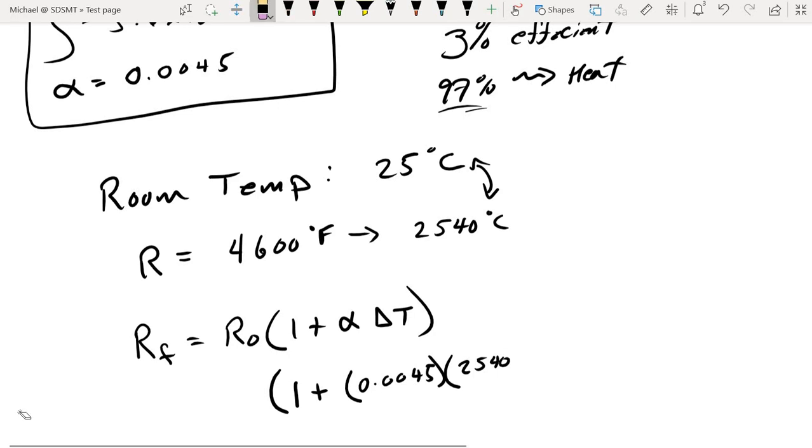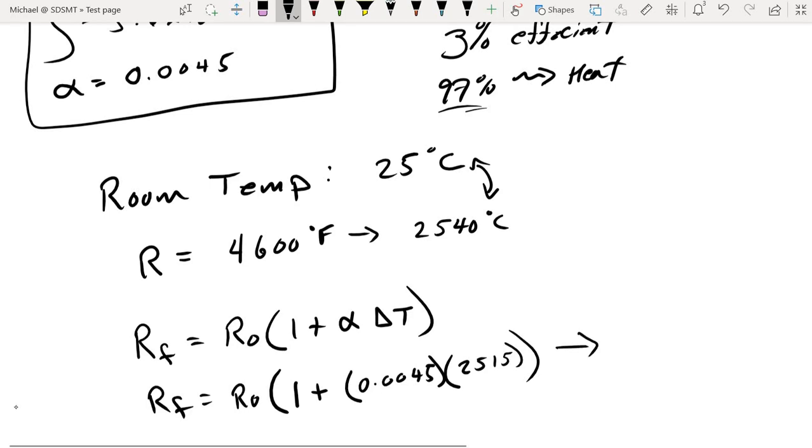So we'll subtract 25 from that, and 40 minus 25, what is that, 15? So that's everything inside of that parenthesis set, and I'm going to go ahead and just get a value for that right now. 0.0045 times 25.15, or excuse me, 2515. Plus 1. Don't forget the 1.